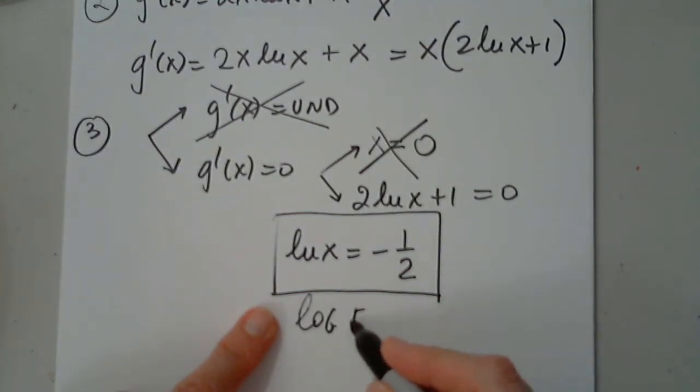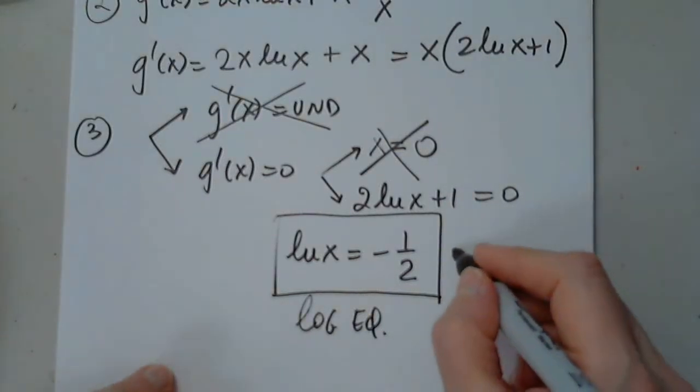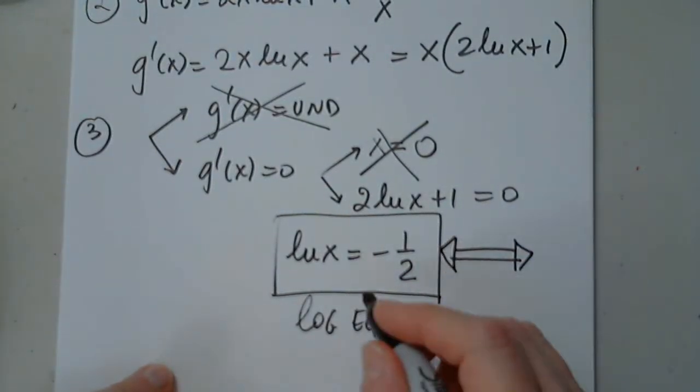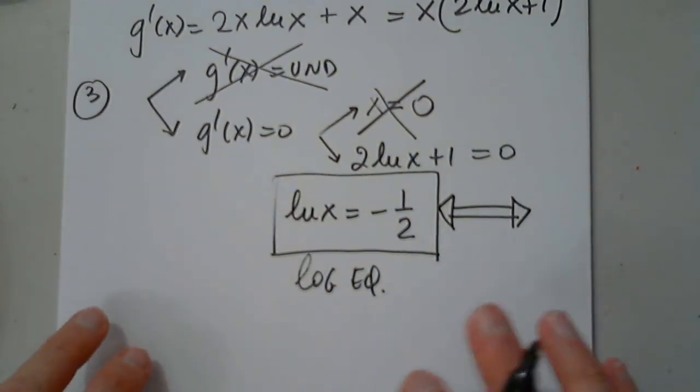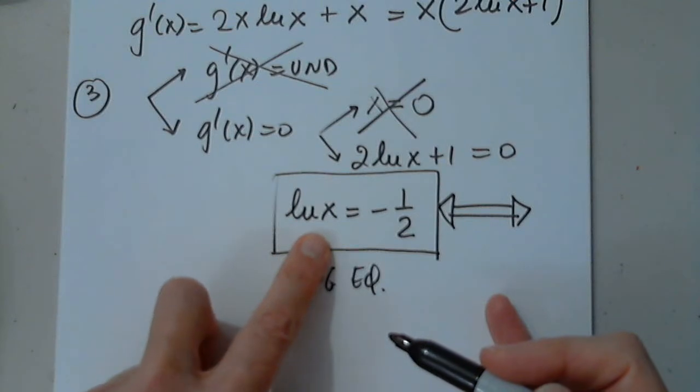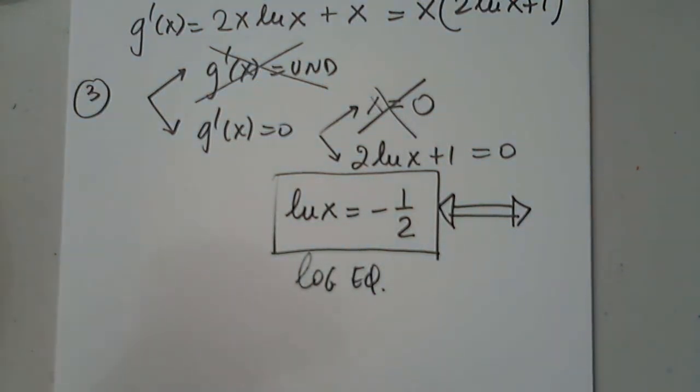Logarithmic. Log equation. Perfect. So now the double equivalency says to change this into an exponential equation. First of all, I don't see the base. Is there a base in there? If there is no base, I don't know what to do next. What is the base here? 10.